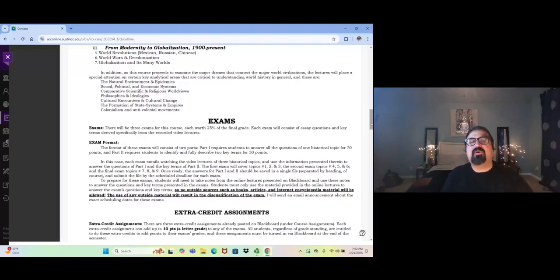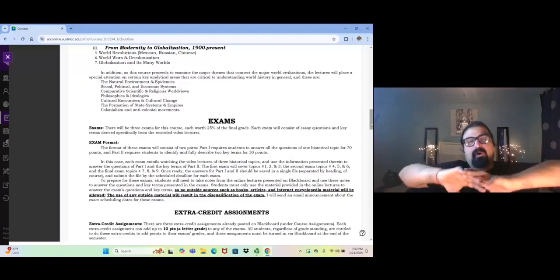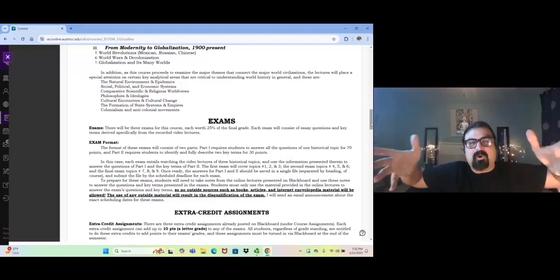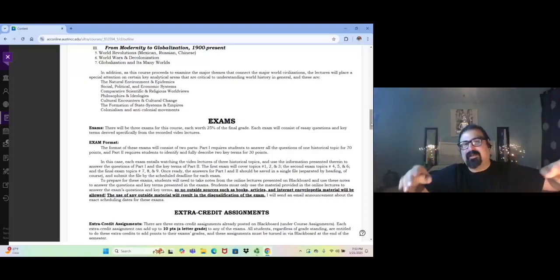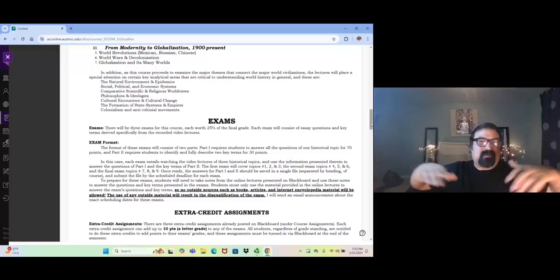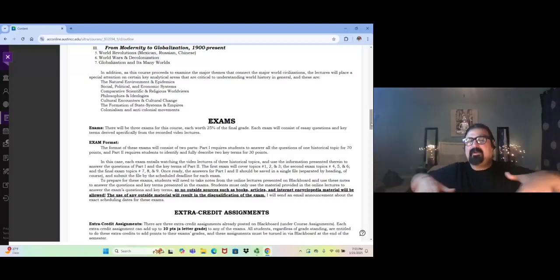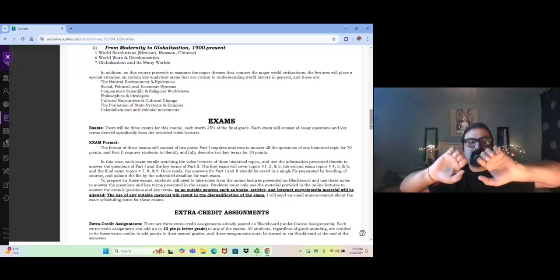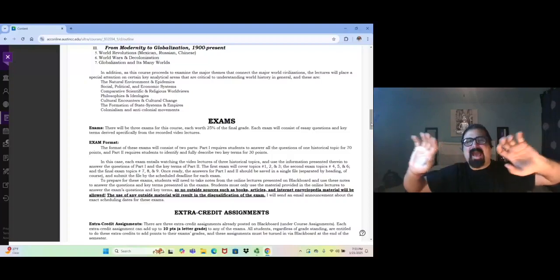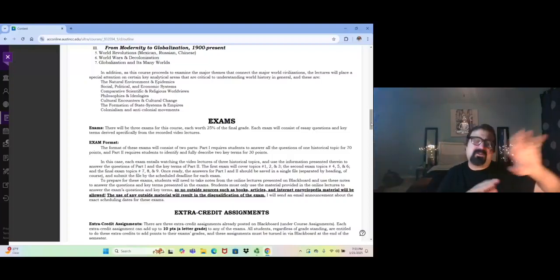Last but not least, we are going to look at globalization and its many worlds, meaning that the world was moving towards a more standard version of modernity. The United States, as I will explain, was becoming one of the major players internationally in trying to export the major principles, ideas, and values of modernity around the world, particularly after the Second World War.